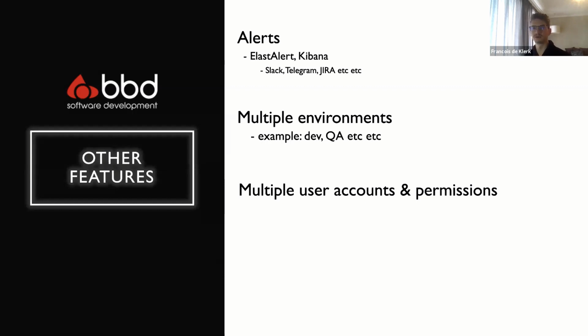The cool thing about Kibana is, if you have this whole stack set up for your company, you can easily put thresholds on some parameters, and these thresholds can then trigger alerts. You can send alerts to Slack, Telegram, Jira, or whatever platform you use, and be instantly notified if something went wrong, for example if more than a certain amount of 500 errors come through in a certain time interval.